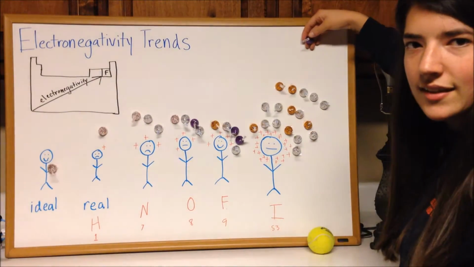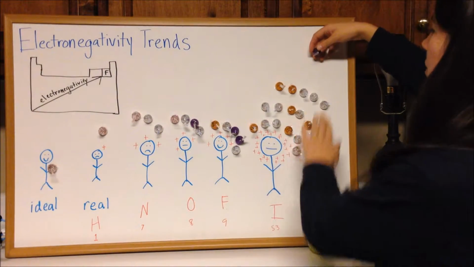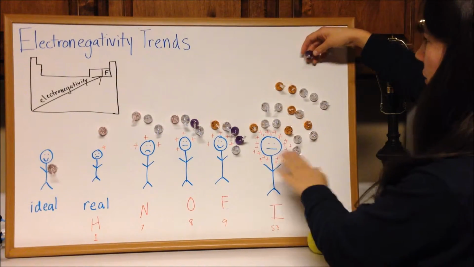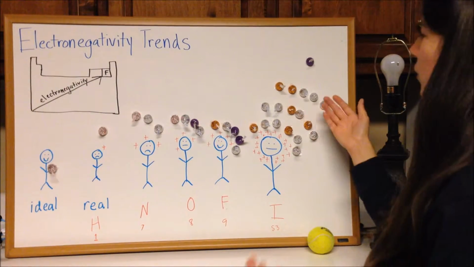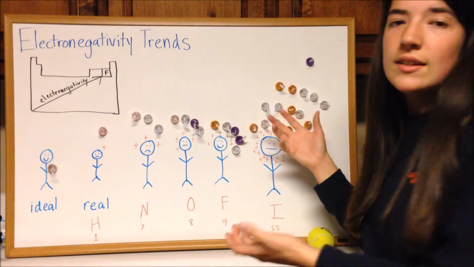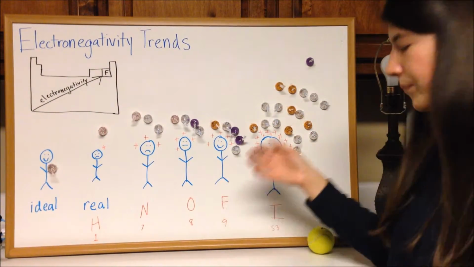If it can't see it, how can it attract it and how can it hang on to it? All these layers shield our nucleus from seeing incoming electrons. So it doesn't have as great a tendency to attract them and is therefore less electronegative.